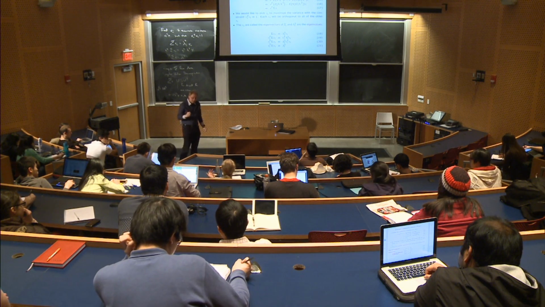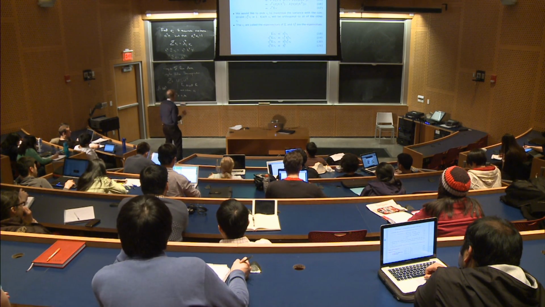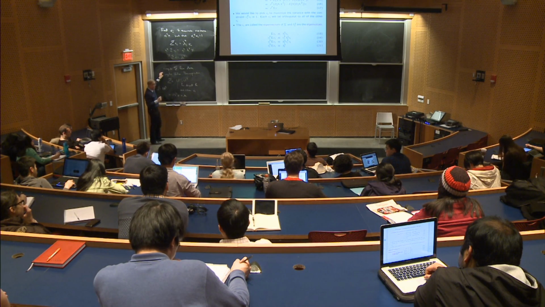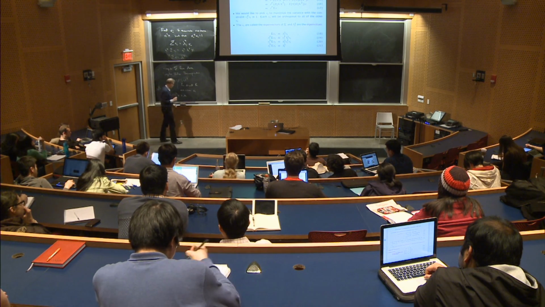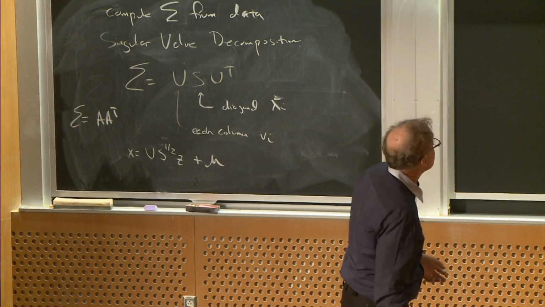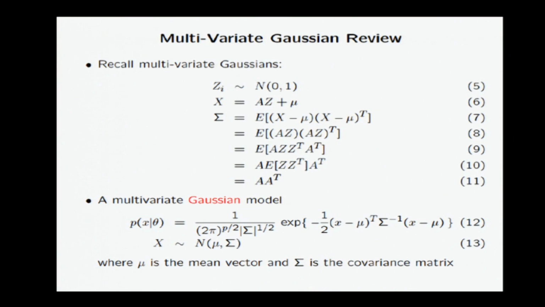How do you compute sigma from the data? Is it this magical process, the singular value decomposition? No. How do you compute sigma from the data? Yeah, the first step. That is shown in equation 7.